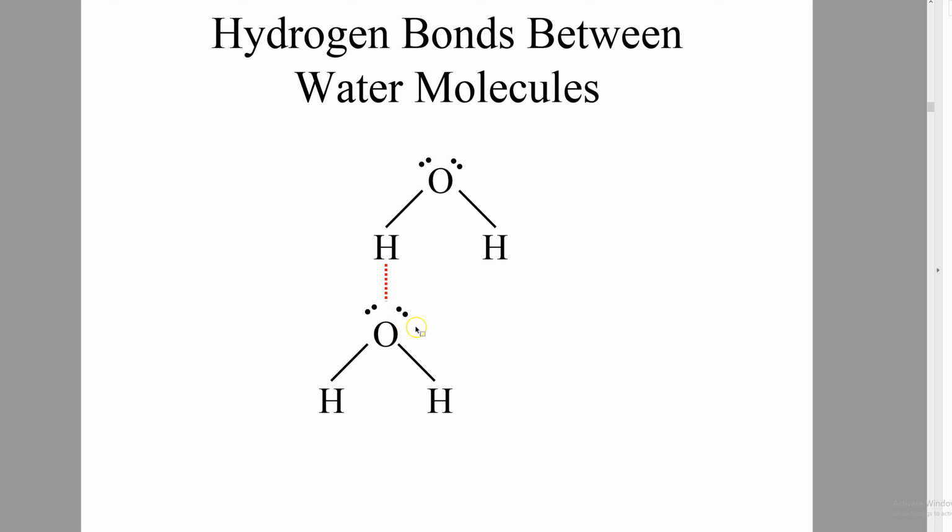As you can see here, oxygen has 2 lone pairs and hydrogen has this attraction. Because of that, the hydrogen bond is extremely strong. That provides things like surface tension, cohesion, adhesion, and water is definitely the universal solvent.